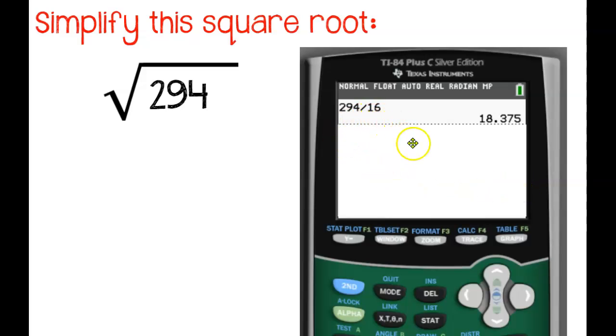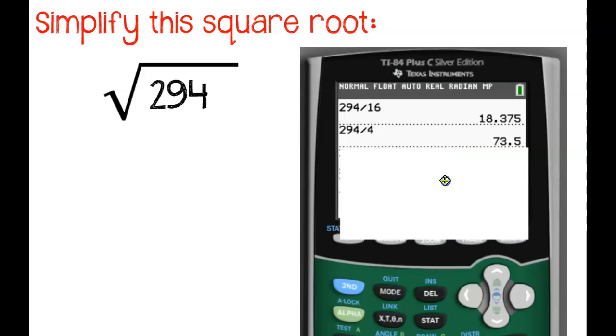Well, 294 divided by 16 is not a whole number, so it's not a perfect square factor, right? It's not a factor. How about dividing by 4? Nope, that doesn't result in a whole number either. So I try another perfect square number. Maybe, well, I know 25 is not going to go into it, right? Because 25, 57, I definitely know that's not going to work.